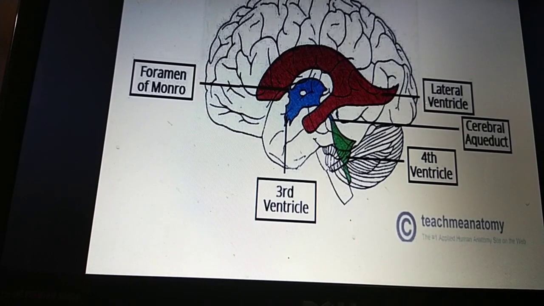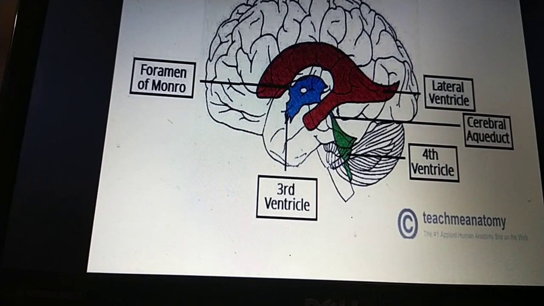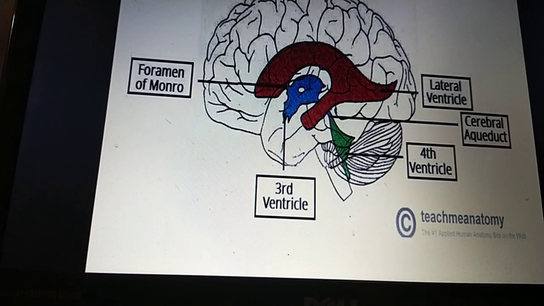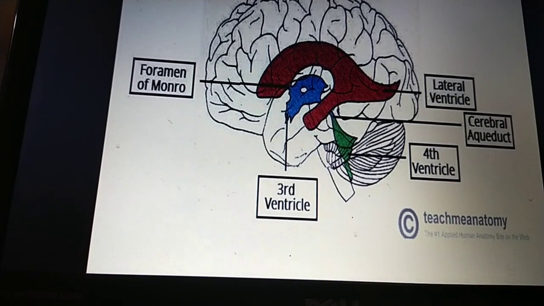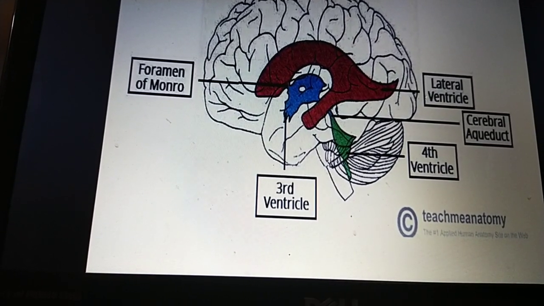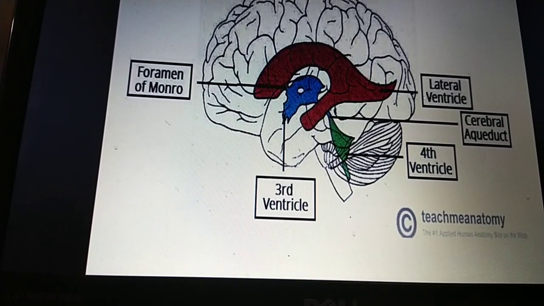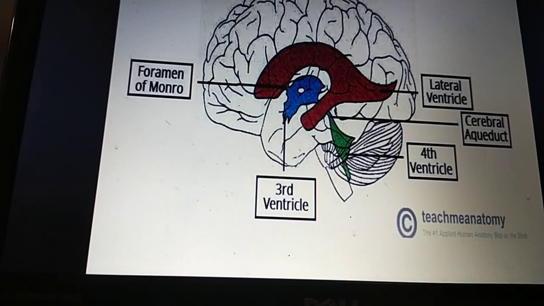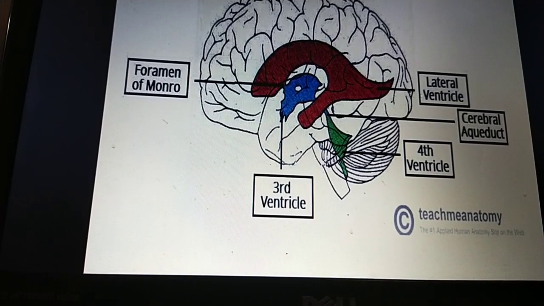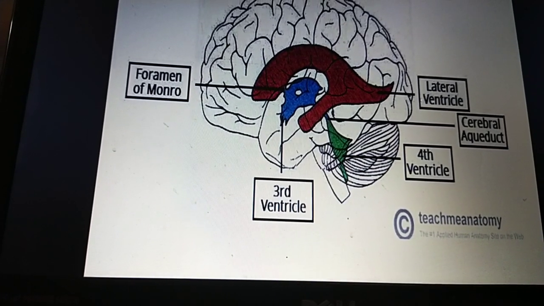Another is that, by being immersed in CSF, the net weight of the brain is reduced to approximately 25 grams. This prevents excessive pressure on the base of the brain.